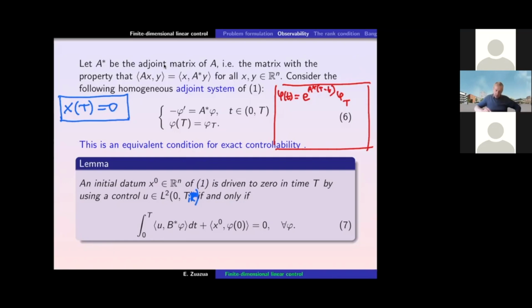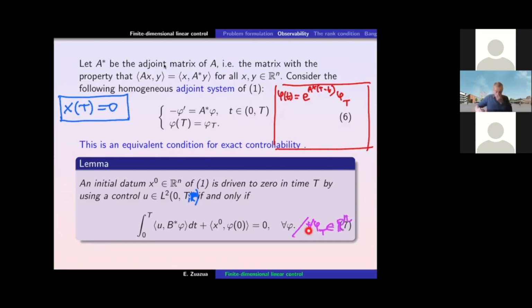So the control u is successful on driving the control system to zero if and only if this equation is fulfilled for every phi solution of the adjoint system. When I say that I do it for every phi solution of this adjoint system, it is the same as saying that I do it for every phi_T, the Cauchy value of that system, taking into account that phi_T is in R^n.